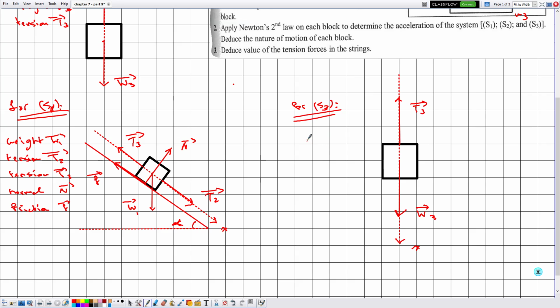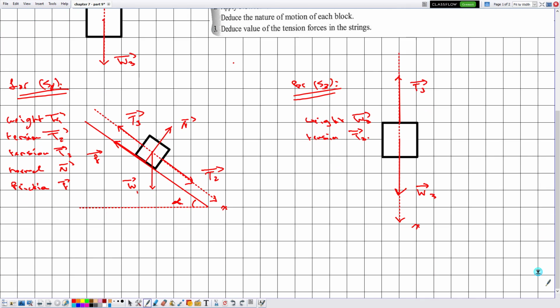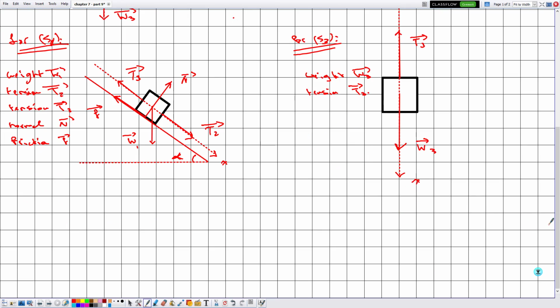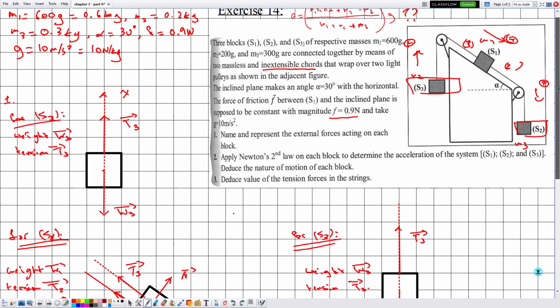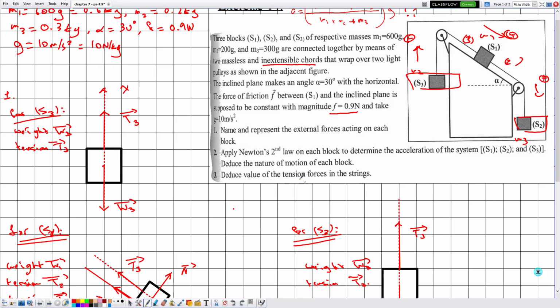We have the weight W3 and the tension T3. Notice that the system is in the dynamic mode, so we cannot apply the condition of equilibrium. In number 2 they are telling me to apply Newton's second law on each block, so this is important. Here there is no need to consider a system, but rather to apply Newton's second law on each block.